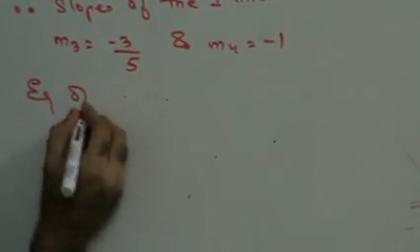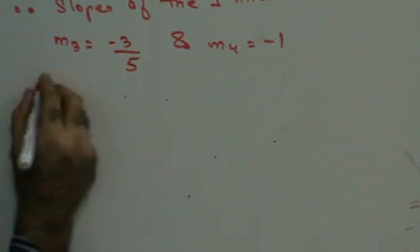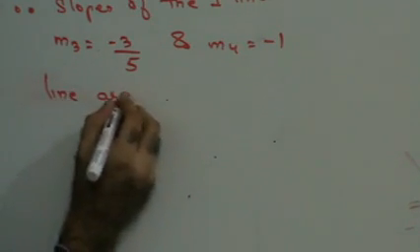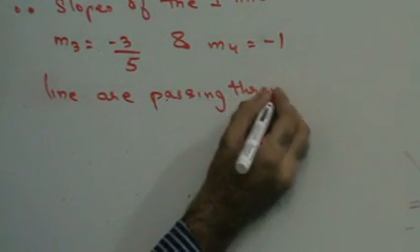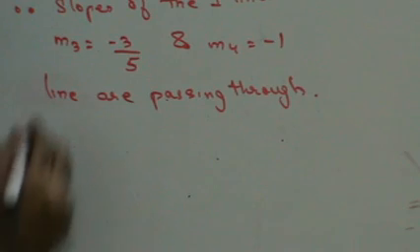Now, equation of the lines are passing through 3 comma minus 2.